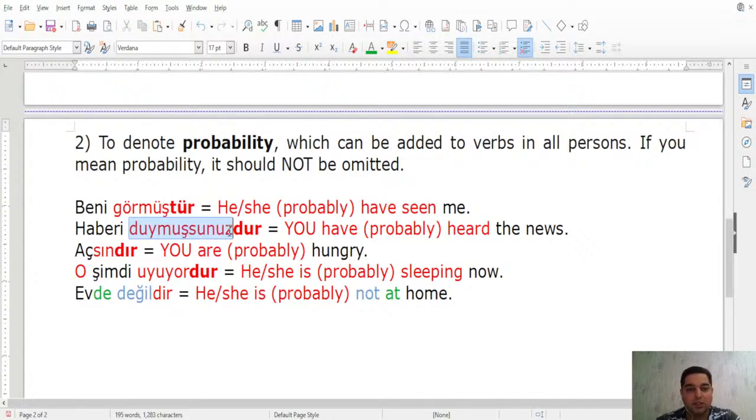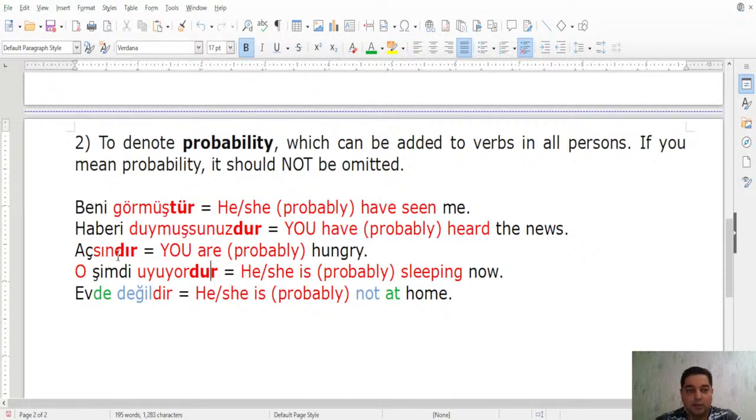Duymuşsunuz is the plural or formal you. Duymuşsunuzdur. You have probably heard the news. Or olayları duymuşsunuzdur. You have probably heard about the events.